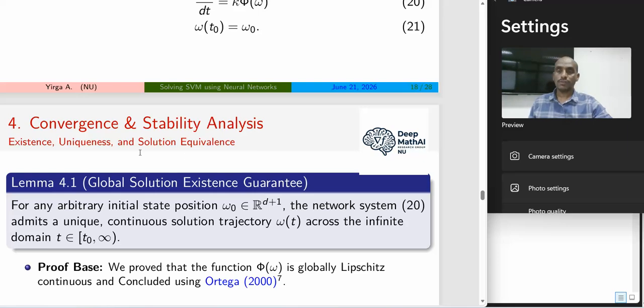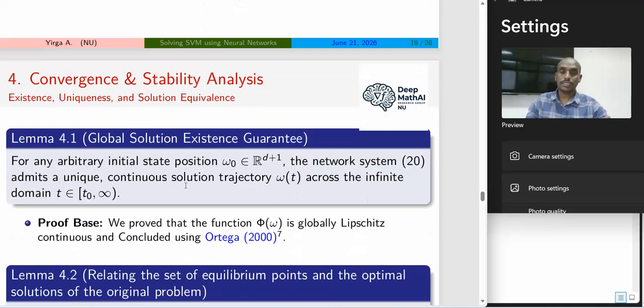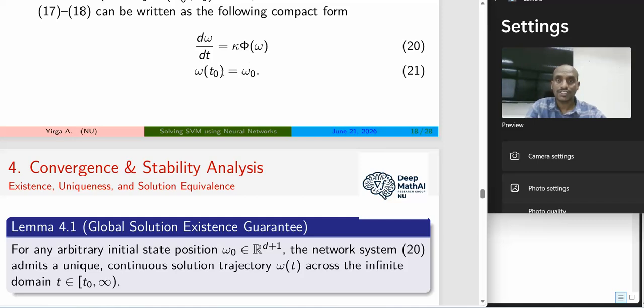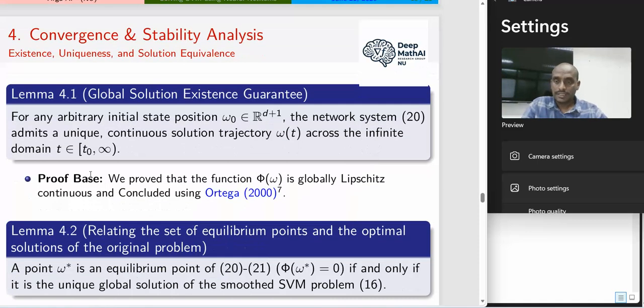Under the convergence and stability analysis, we have the global solution, existence of solution. So we have proved this lemma 4.1. There exists a solution of this dynamical system. There exists a unique solution.